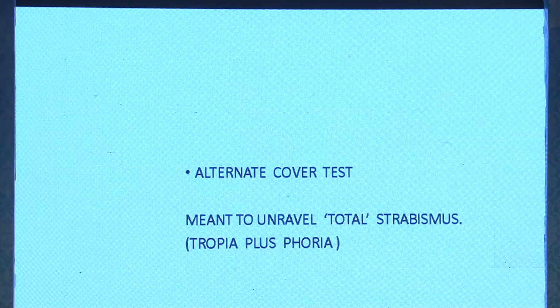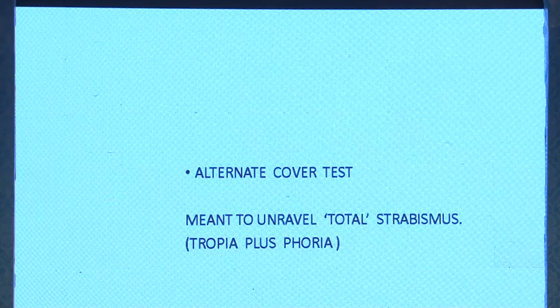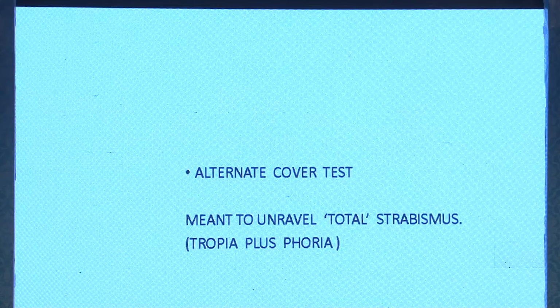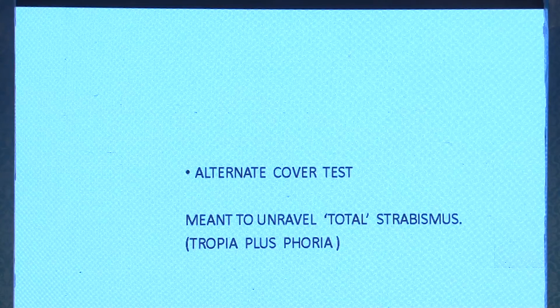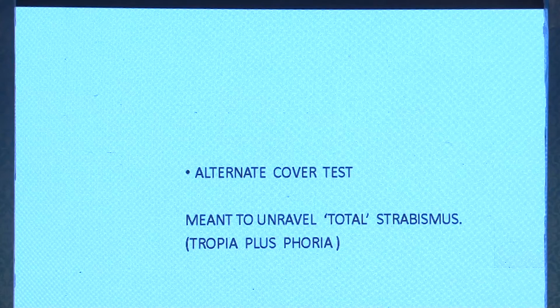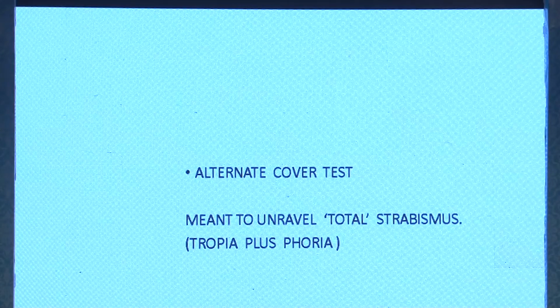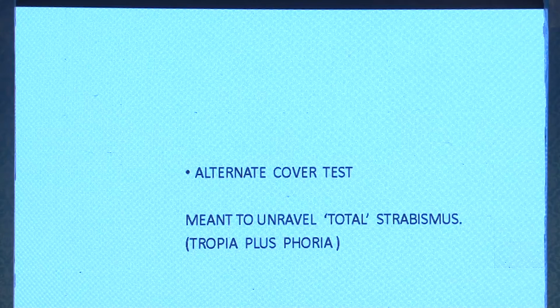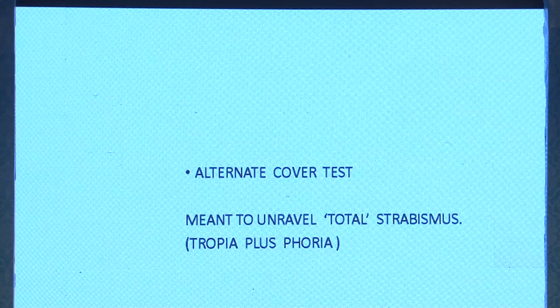Now the alternate cover test: you have to differentiate between the tropia and the foria. And even if the patient has a tropia, you must do an alternate cover test. Must do it. Don't leave it there, because we operate on the total strabismus. We don't leave the foria.